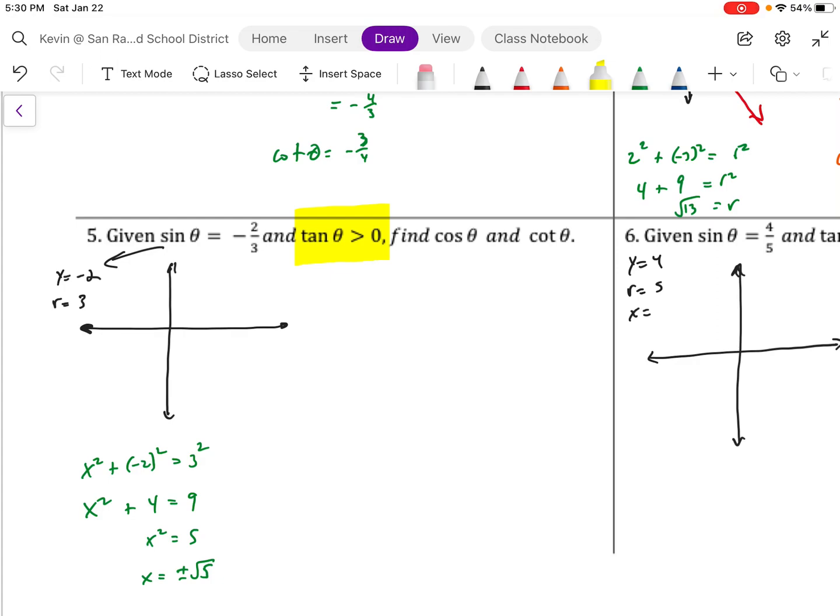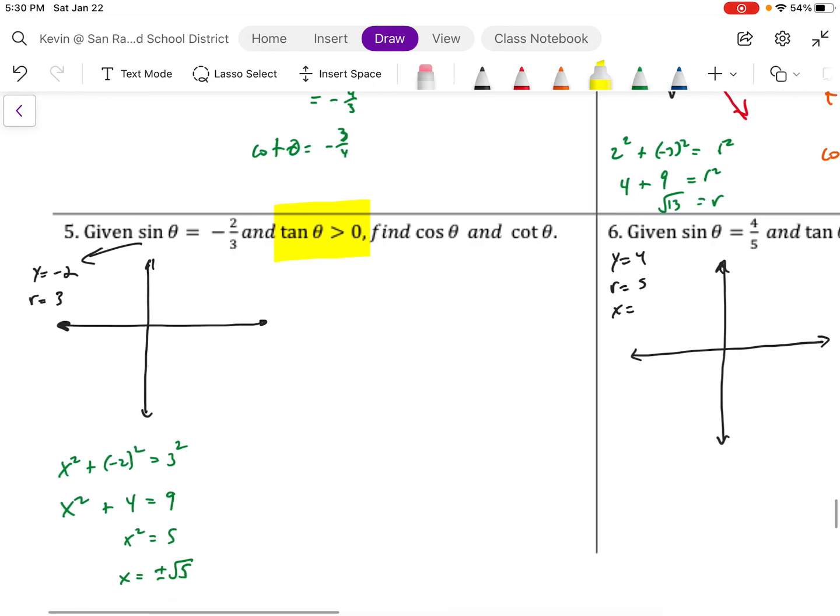We can use our Pythagorean theorem to find our x value, which would be square root of 5. But the question is, is it positive or negative? In other words, is this triangle that we're going to be drawing going to be at negative root 5, negative 2, or is it going to be over here?